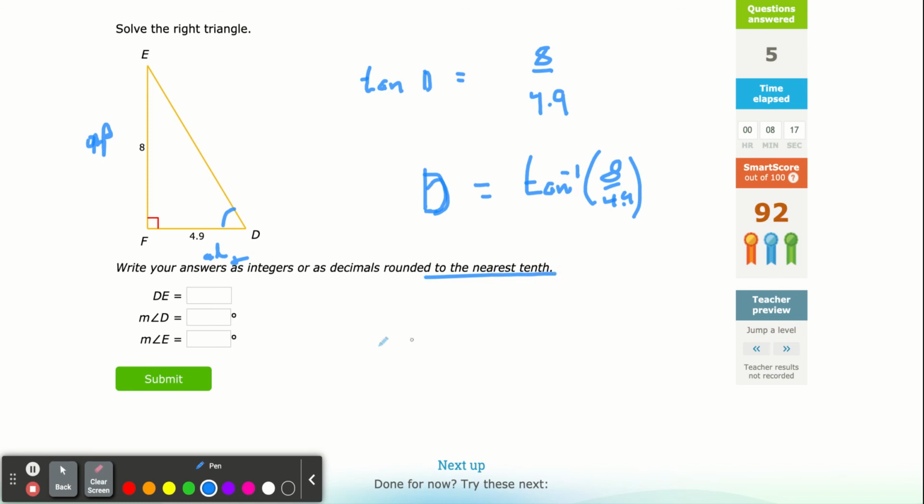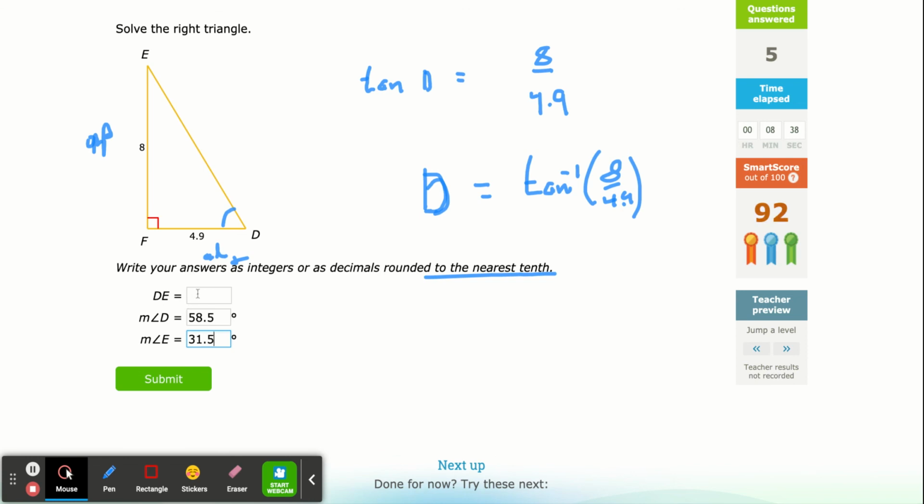It says round to the nearest tenth, so the measure of angle D is 58.5. Now I can easily find the measure of angle E by subtracting that from 90, and I get 31.5. So my angle E is 31.5.